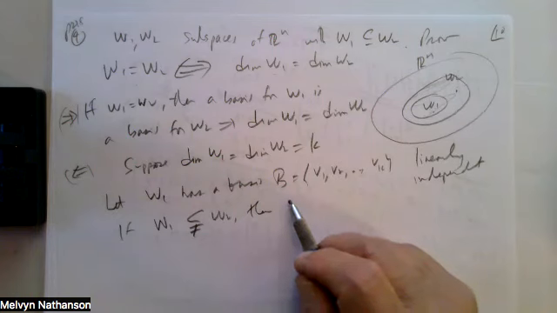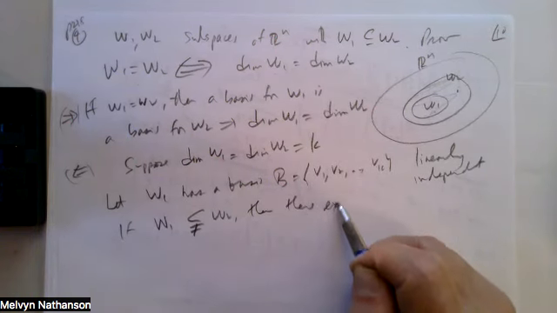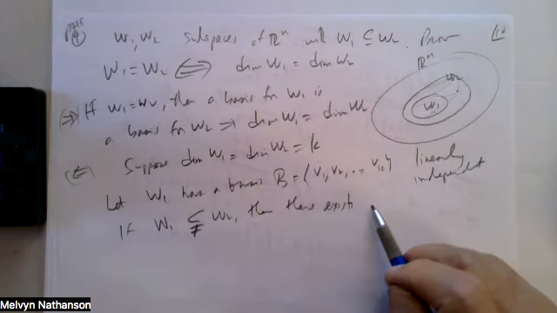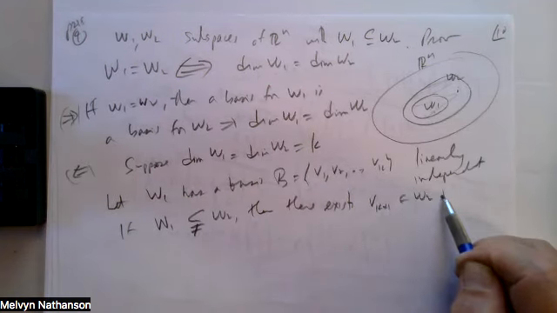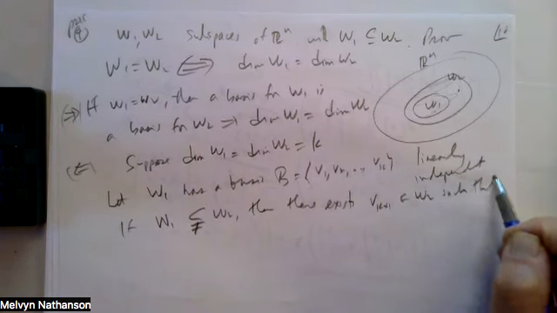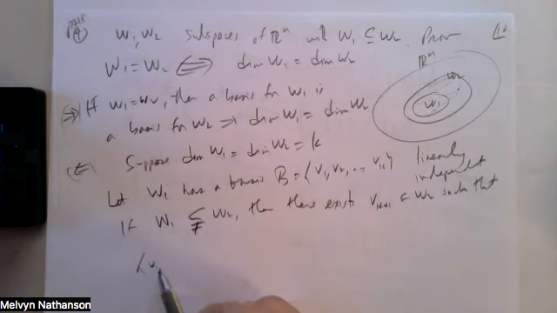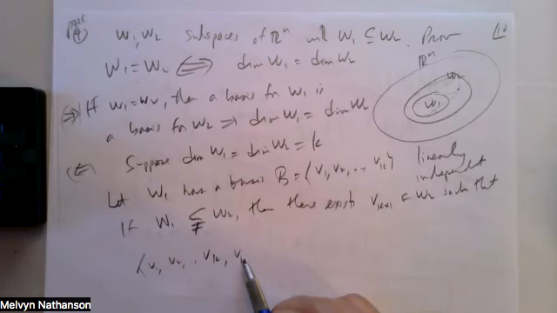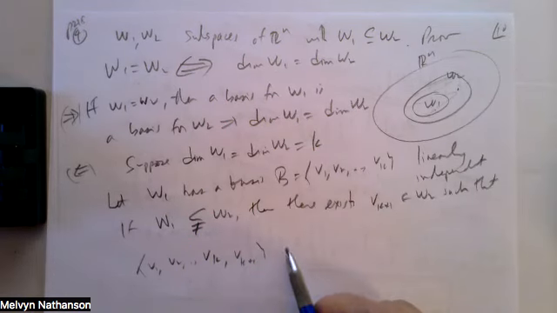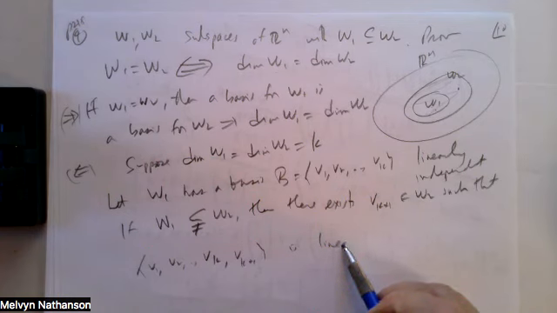So then there exists a vector called Vk plus 1 in W2 such that the set of vectors V1, V2 up to Vk with this new vector Vk plus 1 adjoined is linearly independent.